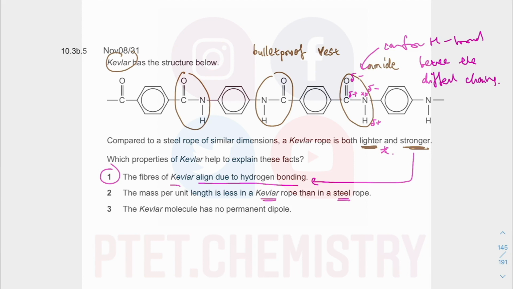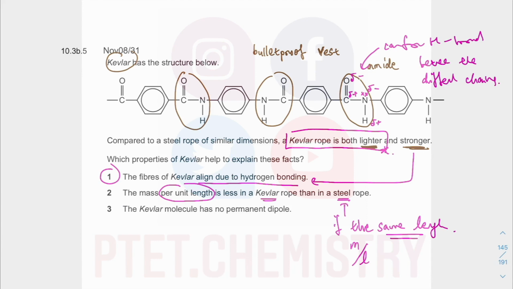So for the same length, L is constant, Kevlar is lighter, so M of Kevlar must be less than M of steel. That's the information: the mass per unit length is less in Kevlar than in steel.